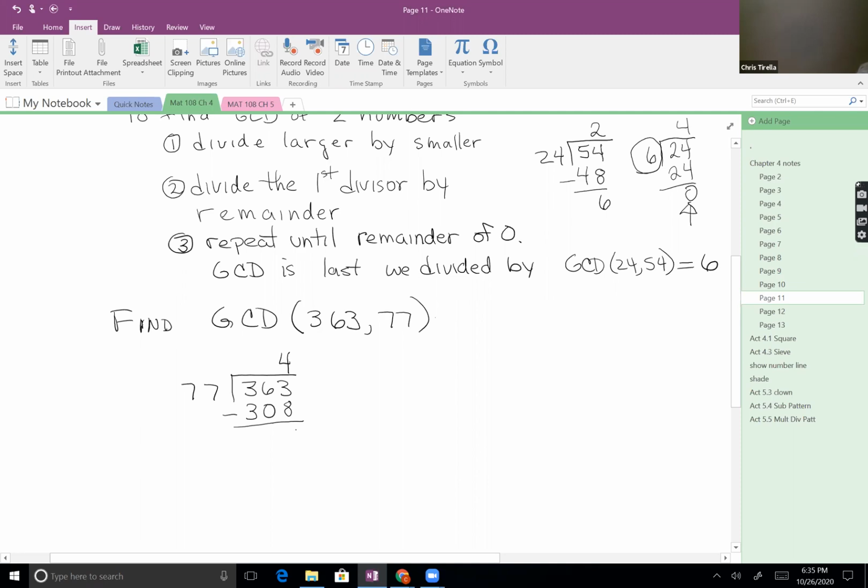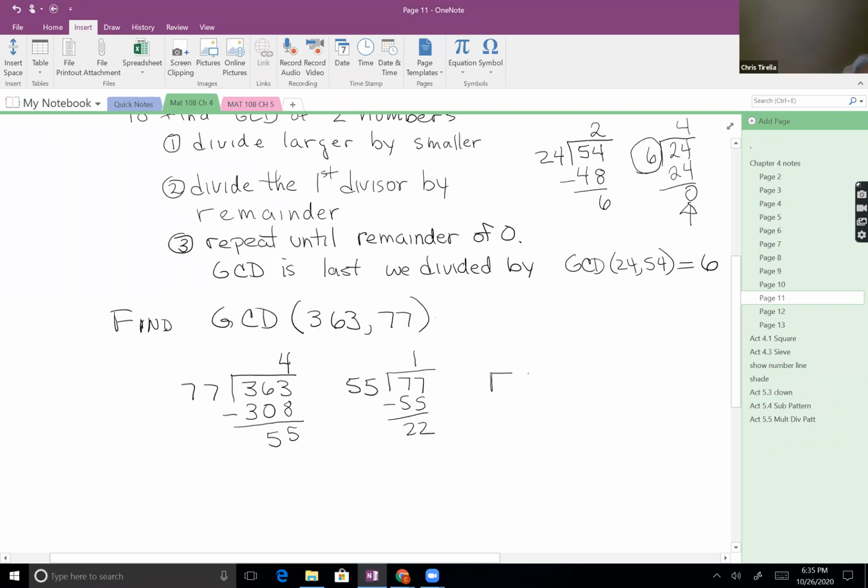And so when I subtract, I get a remainder of 55. Now we're going to take the 77 and divide it by that remainder. How many times would 55 go into 77? Once. And what would my remainder be? 22. Definitely not 0, right?